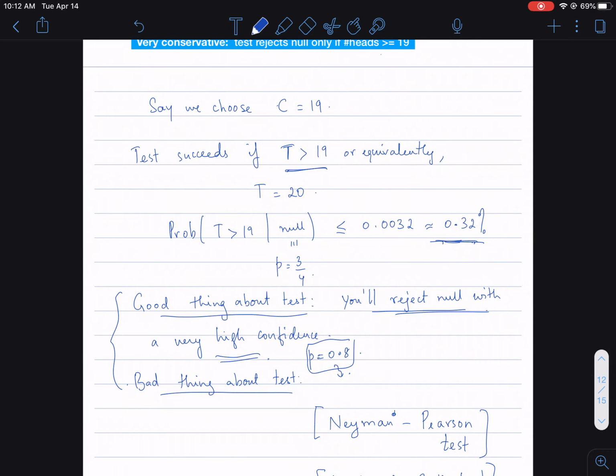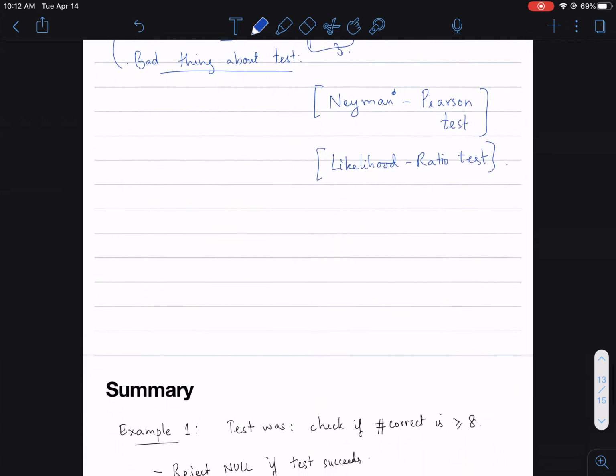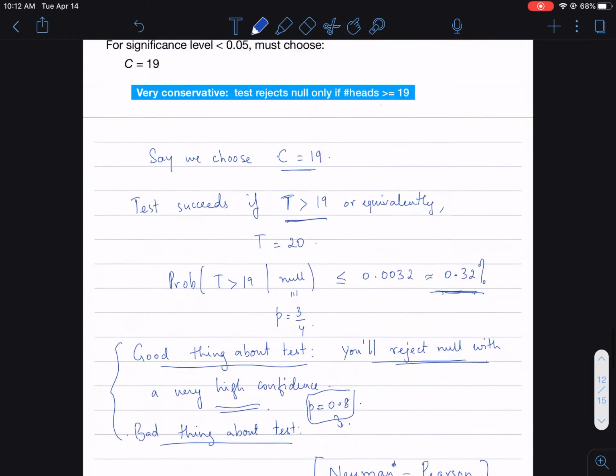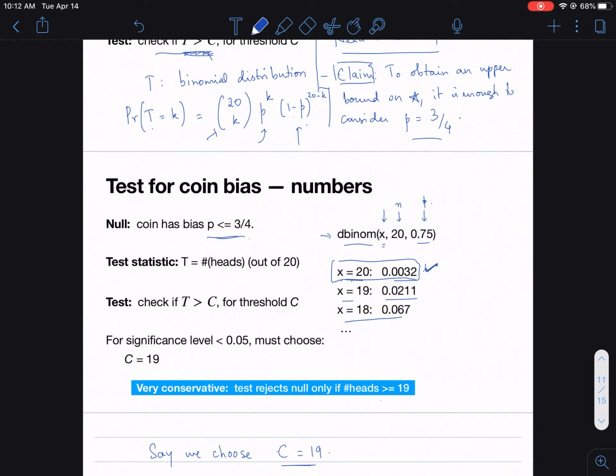So this is the calculation when c equals 19. Now what happens when we choose c equals 18? That is equivalent to saying accept if t equals 19 or t equals 20. Now what's the probability of that? The probability that t equals 20 is this, which we've already computed.